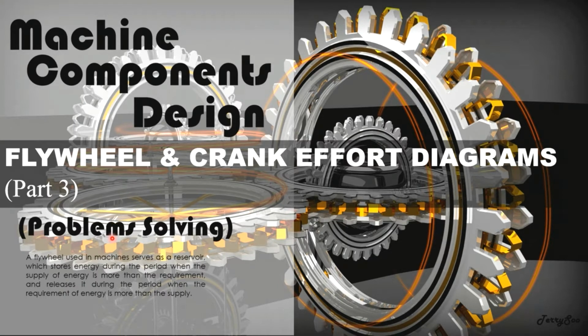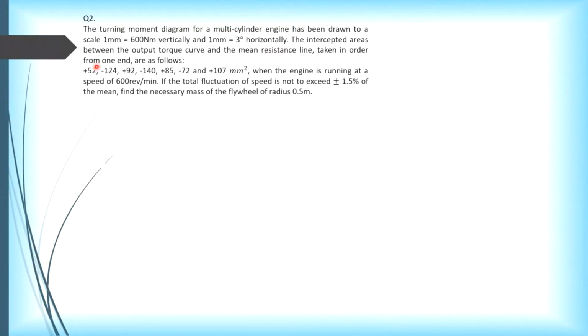For the second example, the turning moment diagram for a multi-cylinder engine has been drawn to scale: 1 millimeter is equivalent to 600 Newton meter vertically and 1 mm is equivalent to 3 degrees horizontally.